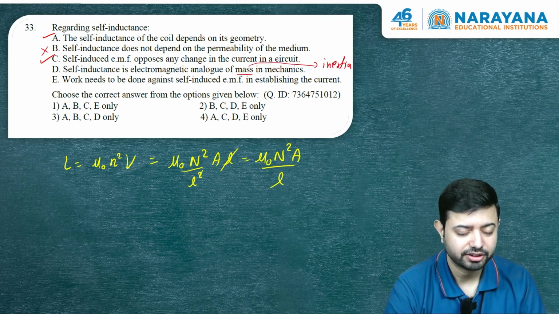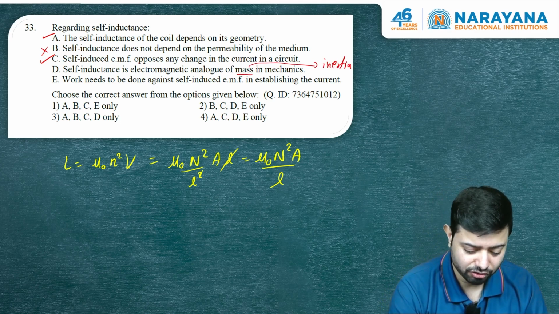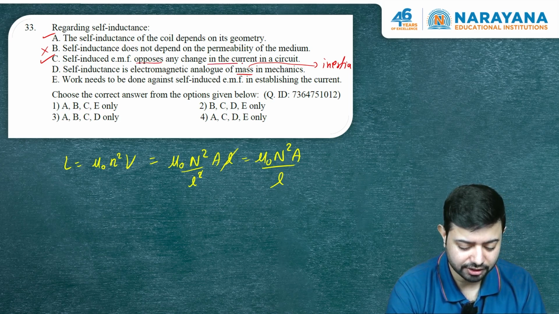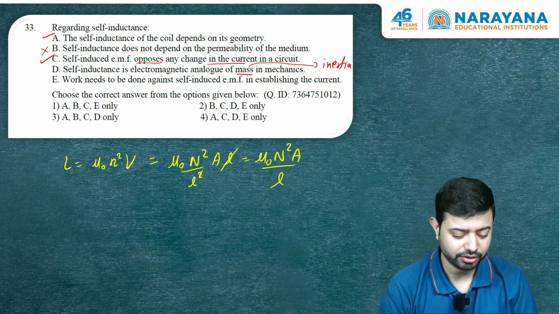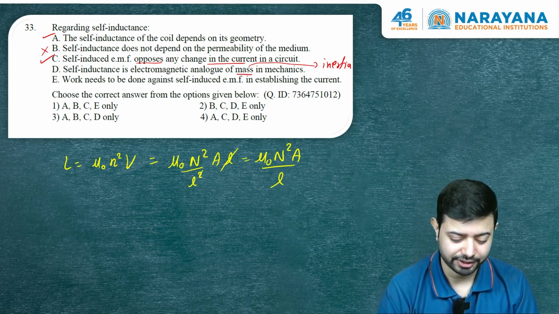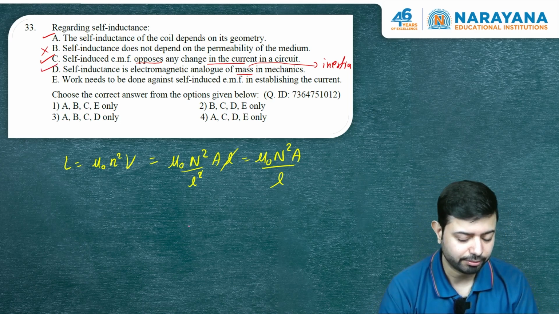It opposes the change in the state of motion, correct. Similarly, here also what is self inductance? Induced EMF, it opposes the change in the current in a circuit. So, there is some similarity, right? They both are like they are opposing the change in a particular physical quantity, right? So, let us see, this is correct. Yes, it is analog of mass in mechanics.